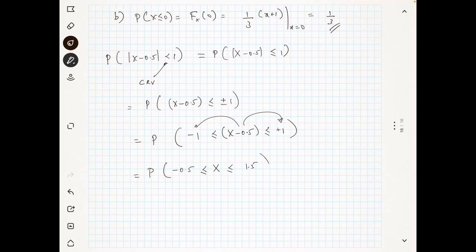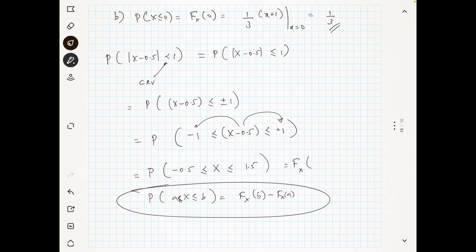Okay, so this is nothing but Fx of, I told you, if you have something like this, that means the probability that x takes the value between a and b is nothing but Fx of b minus Fx of a. This is the formula that we have seen.